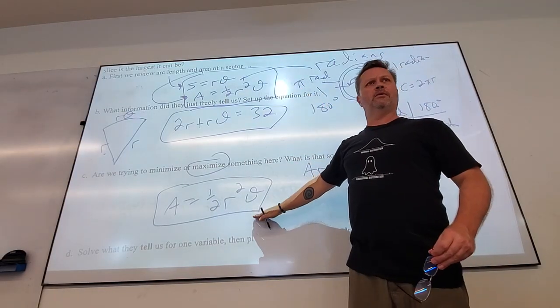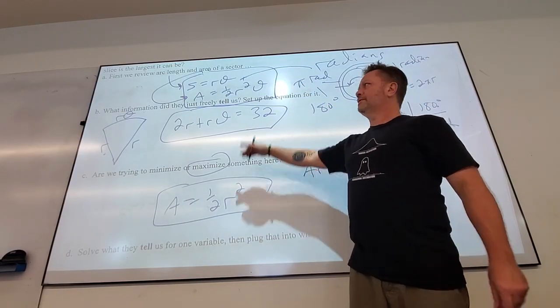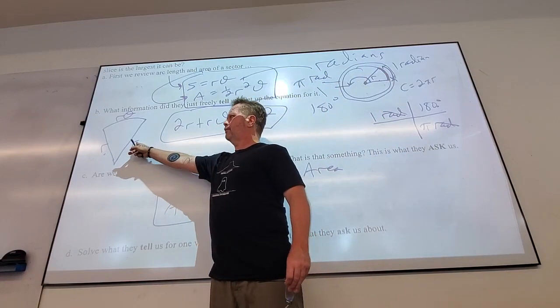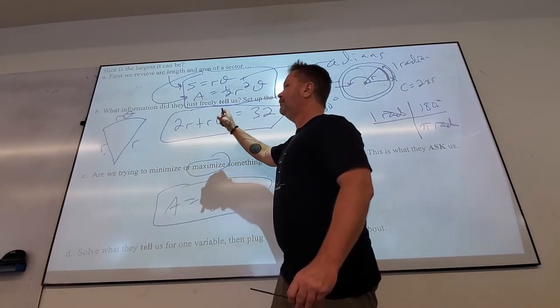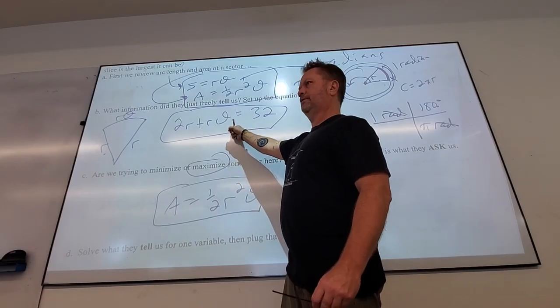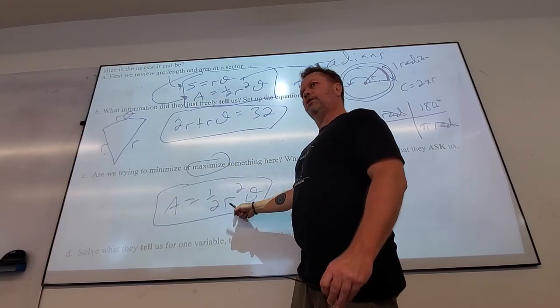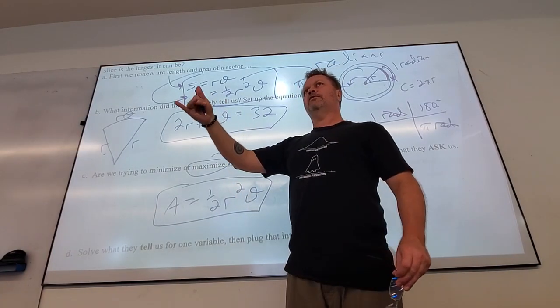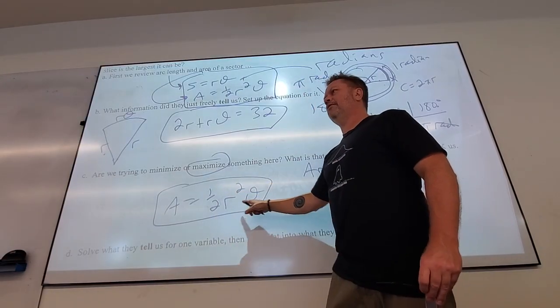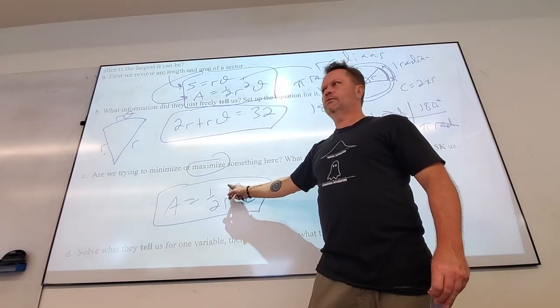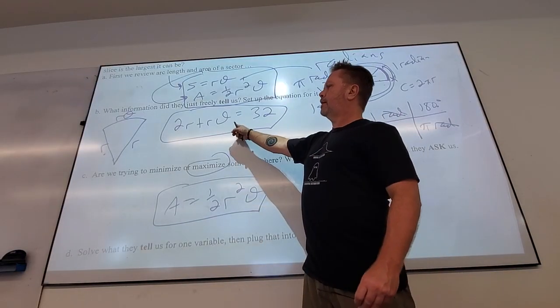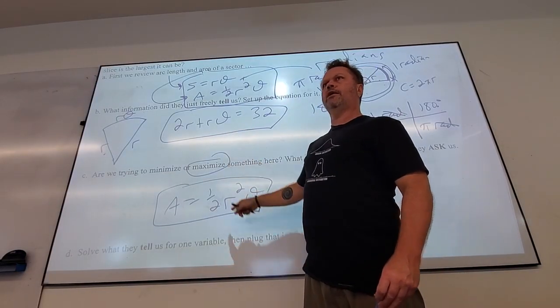Because this pizza slice needs to have exactly 32 inches of perimeter, so I have to use that in here. A fringe benefit is there are too many variables, and I don't want to do product rule. Do you want to do product rule? No. So I'd much rather solve for a letter here and then get rid of it.